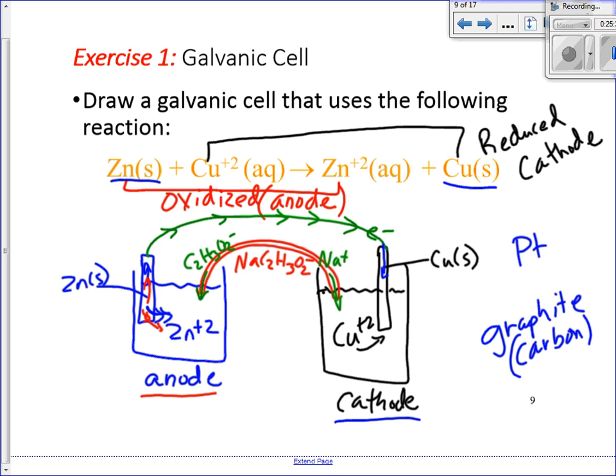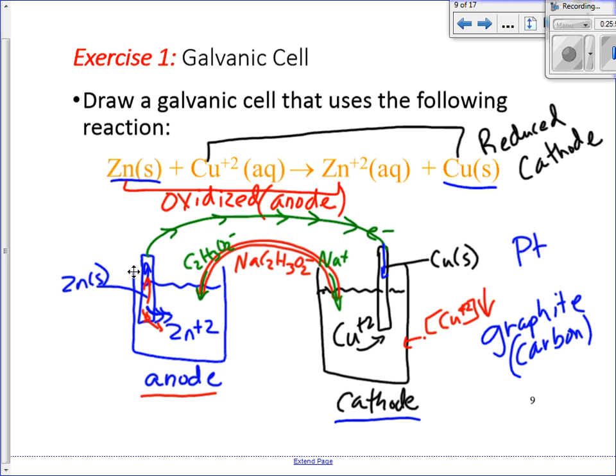If our copper plus 2 over here is combining with electrons to form solid, what happens to the concentration at our cathode? The concentration of the Cu2+ is going to decrease, yes, because it's forming a solid. It's being pulled out of solution.